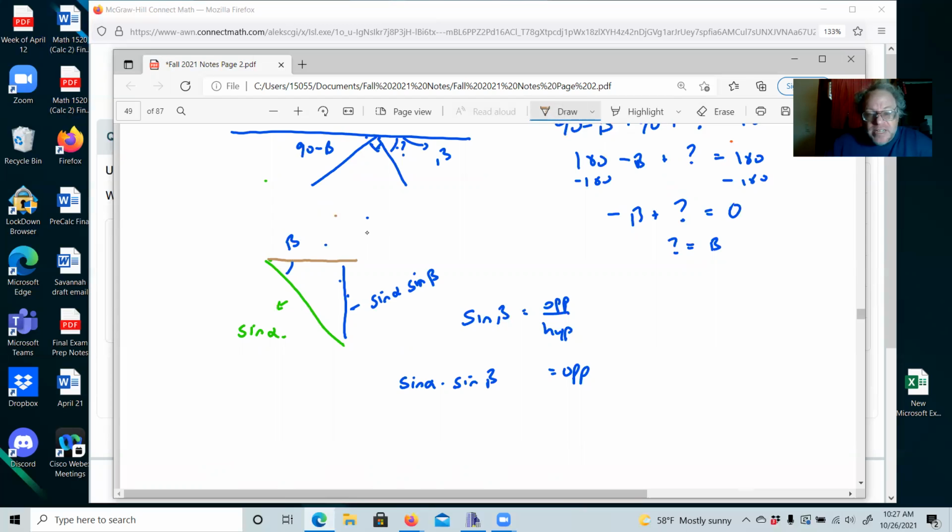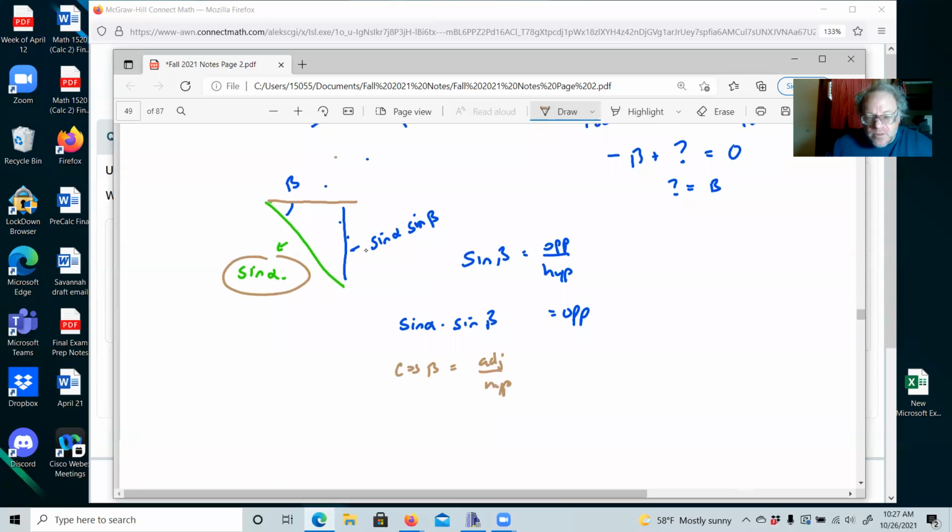And we have to figure out what's the adjacent side here. So the adjacent side, we're going to say cosine of beta is equal to the adjacent over the hypotenuse. The hypotenuse is this guy right here. So this is going to be sine alpha cosine beta is equal to the adjacent.